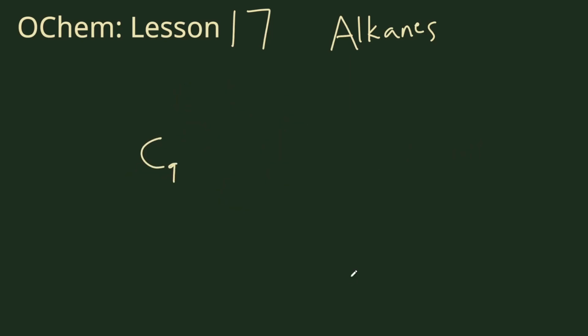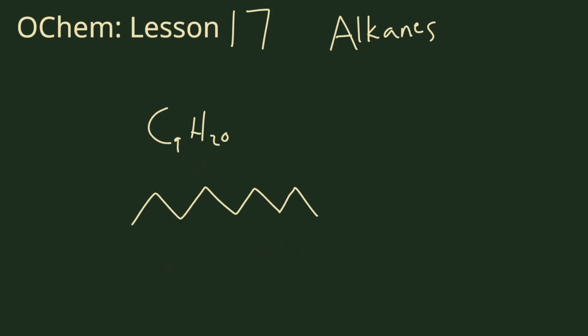Just C9H, let's see, 9 times 2 is 18 plus 2, so there'd be 20 hydrogens on this. You could do nonane, 1, 2, 3, 4, 5, 6, 7, 8, 9. There's nonane. But I could just as easily take a couple of these away. Let's take this away here like that and just add a carbon this direction and a carbon this direction. And now this becomes 2,3-dimethylheptane, but it's still 9 carbons and 20 hydrogens. There's 35 valid isomers that still produce this chemical formula.